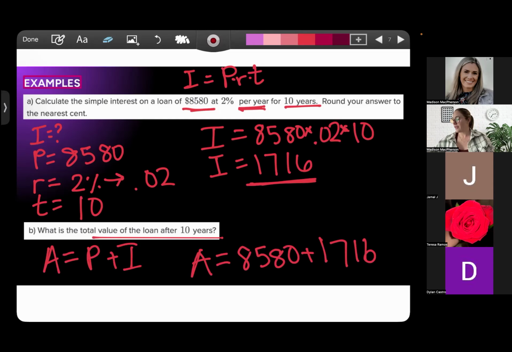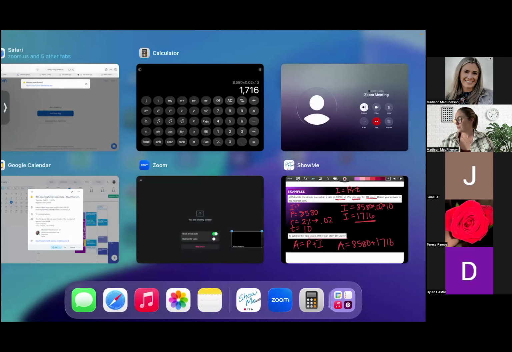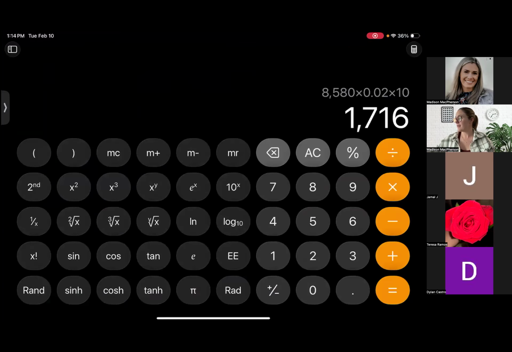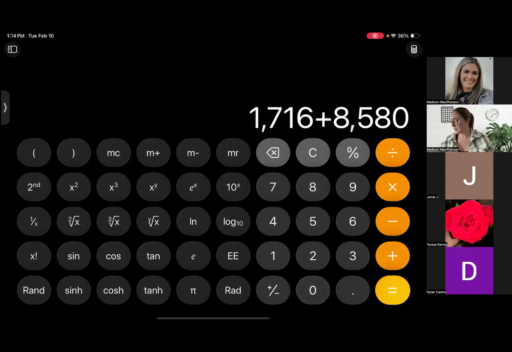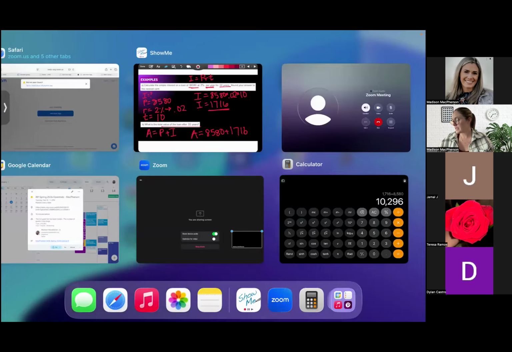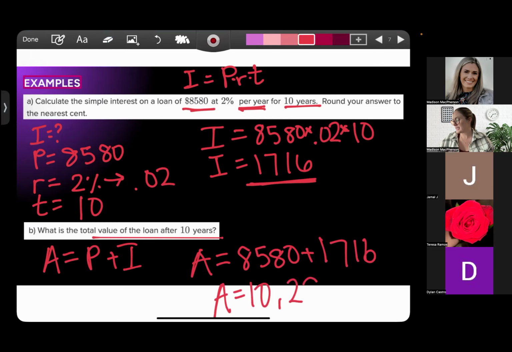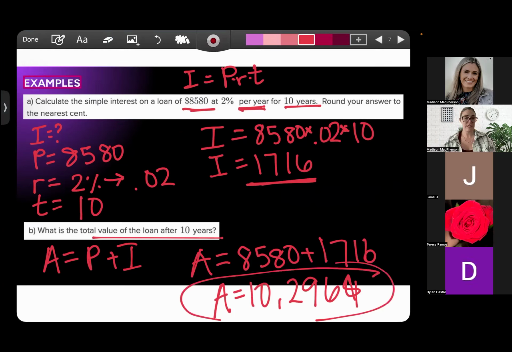If we add those together, we get 10296. So A equals 10,296. So after all is said and done, if we took out a loan for $8,580, in the end, after we pay it back, we're going to have paid actually $10,296.